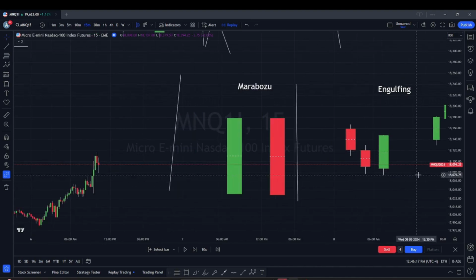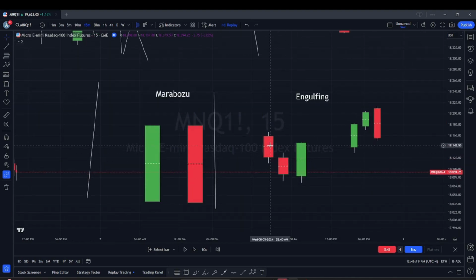So in a downtrend, you would have bearish, and then you would have just a massive bullish candle here that would engulf this candle in its entirety.